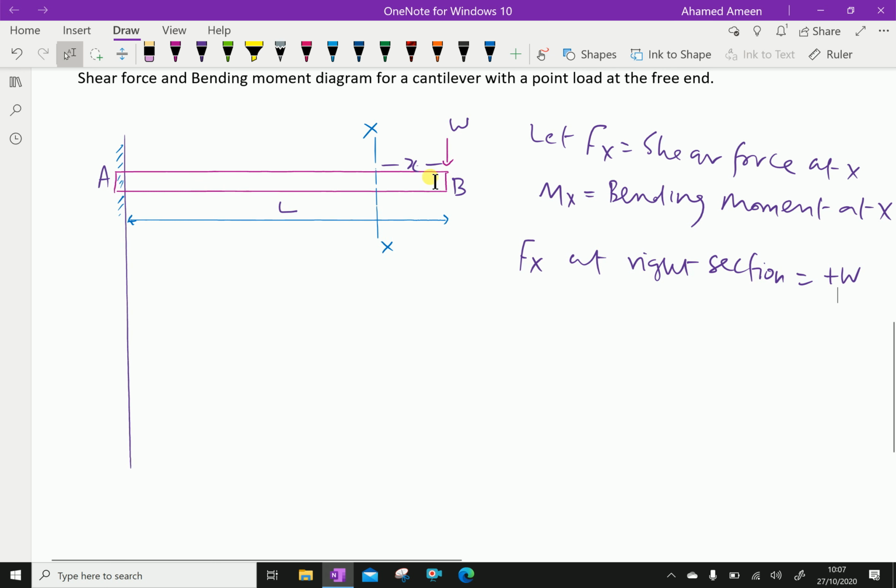That means the shear force is constant at all sections of the cantilever AB.